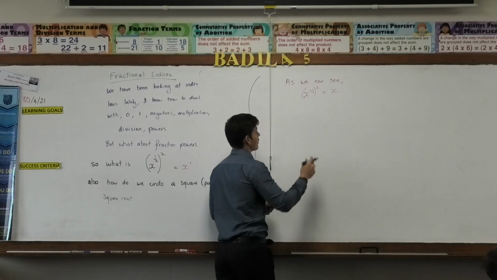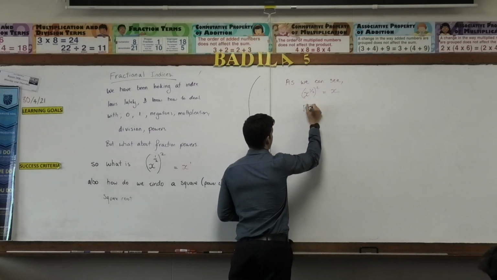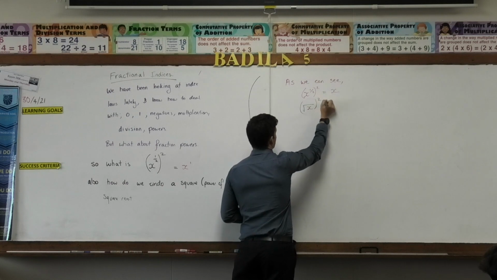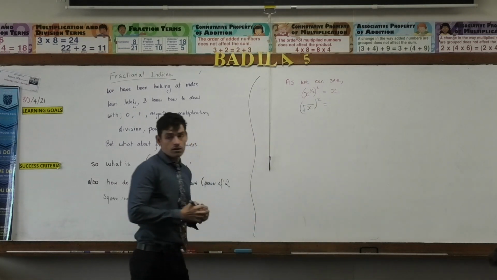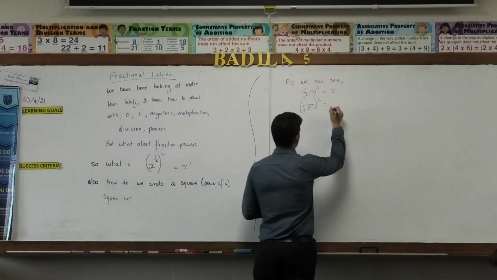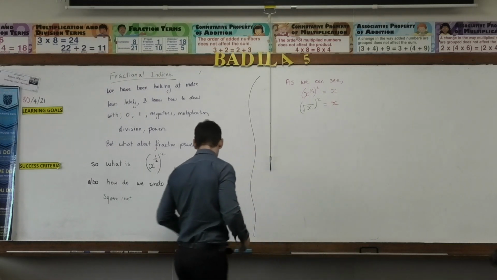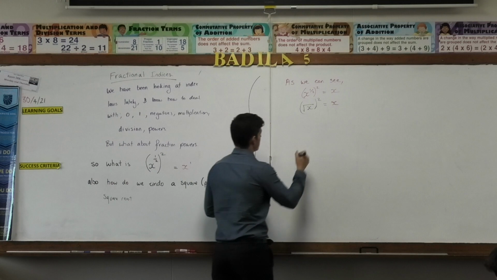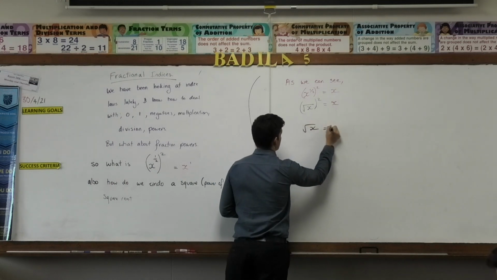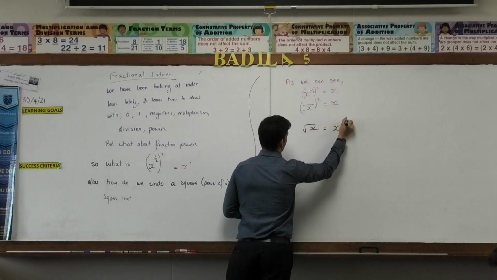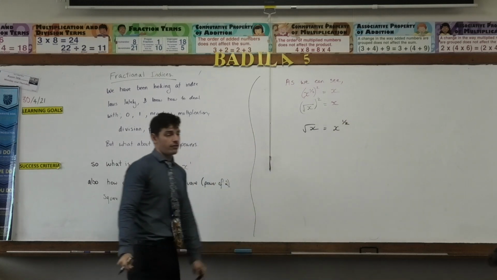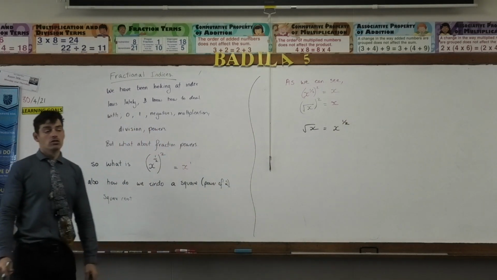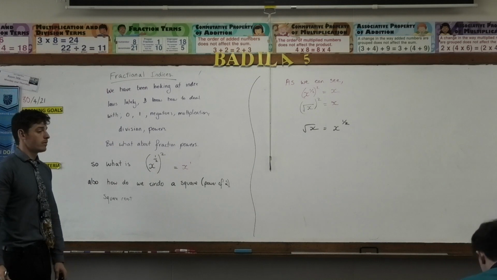Am I allowed to rewrite that as this? What would that equal? X, correct? So what I'm really telling you is that square root of x equals x to the power of a half. A fractional index.